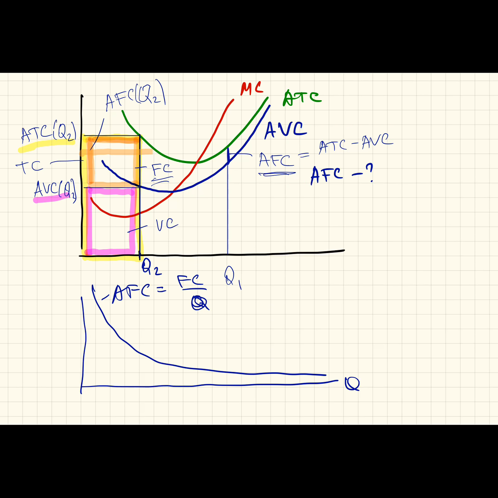It might get longer and thinner, but if you draw these curves properly, its area is supposed to stay the same. And again, that's because FC always stays the same. So you can figure out your total fixed cost by picking any Q and figuring out the area of this box. Okay, so that should be it for our cost curves.